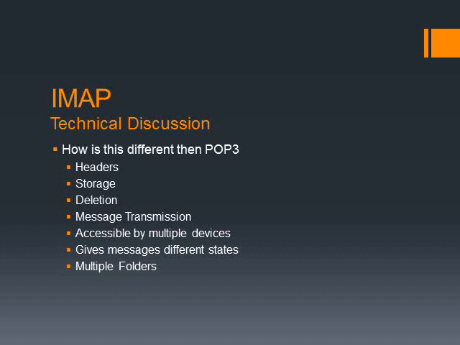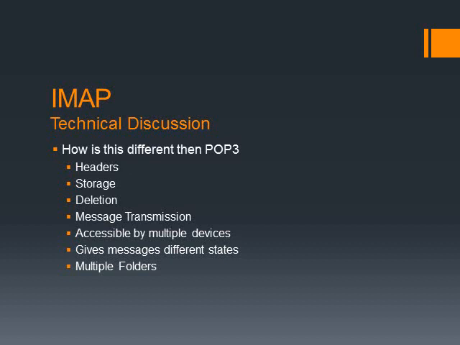With IMAP, it does it with headers. So the server makes a TCP connection and sends you all the headers. And then when you make the decision based off the header what message you want to read, you'll tell the server that you want that message, and then it will send you the rest of the message.